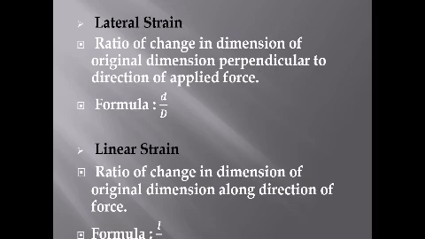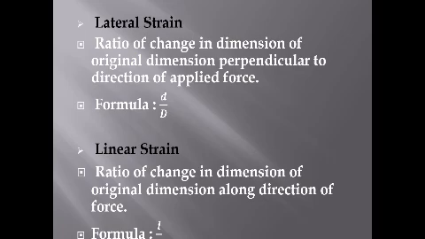There are two types of strain we can read, lateral strain and linear strain. Lateral strain is the ratio of change in dimension to the original dimension, perpendicular to the direction of the applied force.